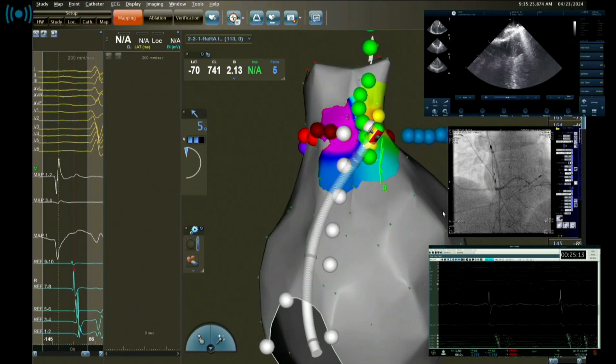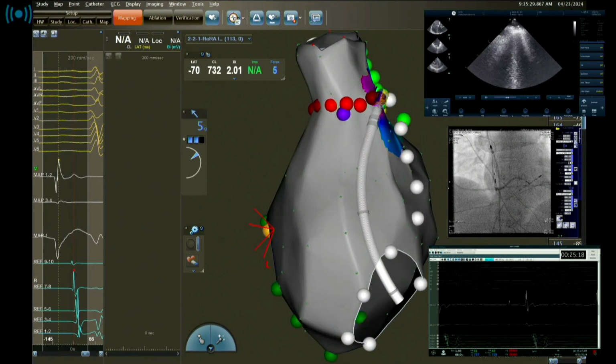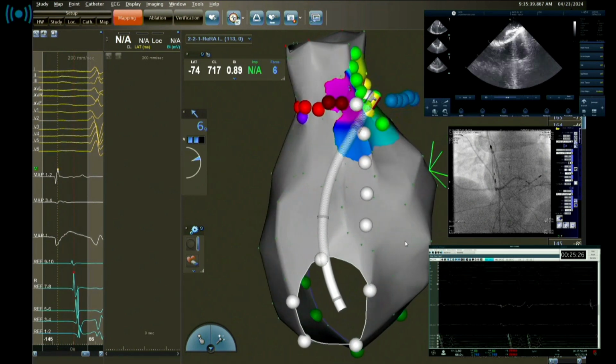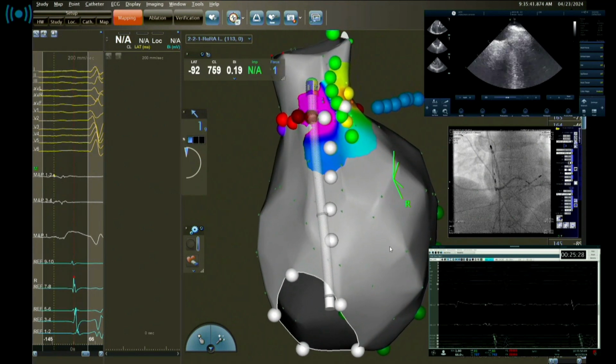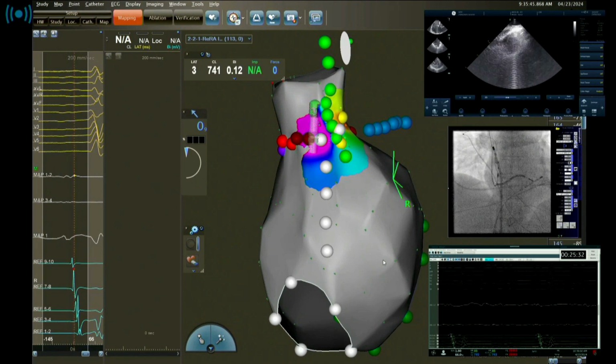Yeah, go, more. If it is touched somewhere here in lateral right atrium, it doesn't matter, but just to be on the safe side, now I will move the sheath higher, so now it is protected.